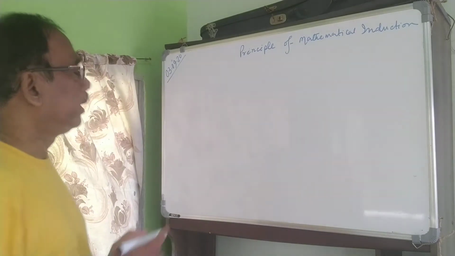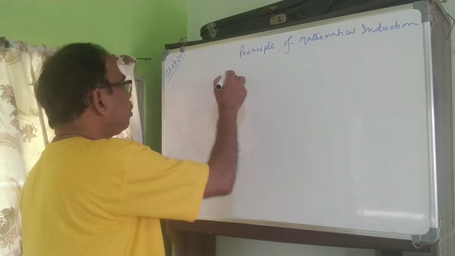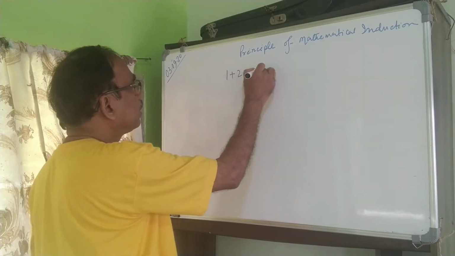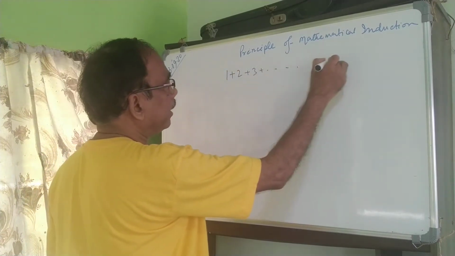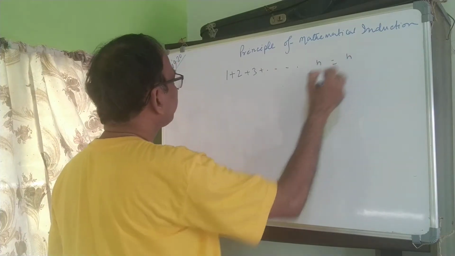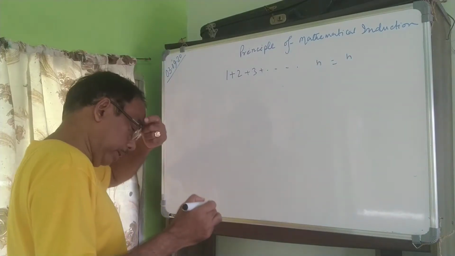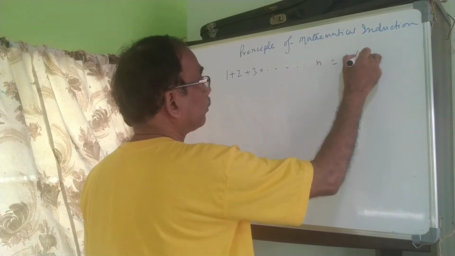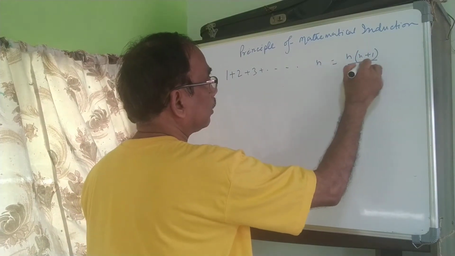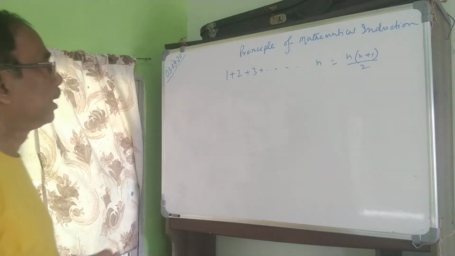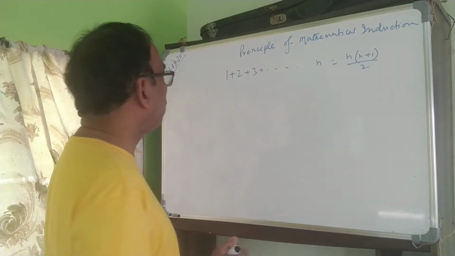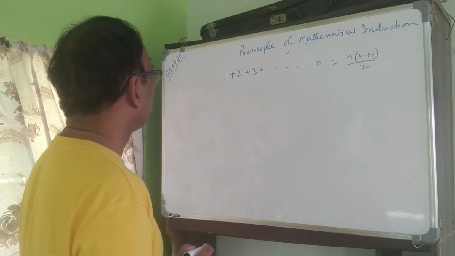You know, in AP series we know the sum of the AP series: 1 plus 2 plus 3 plus ... plus n equals n into n plus 1 by 2. The sum of an AP series is n into n plus 1 by 2.